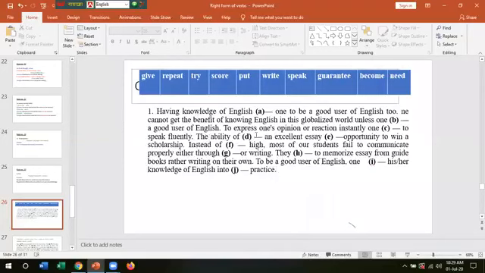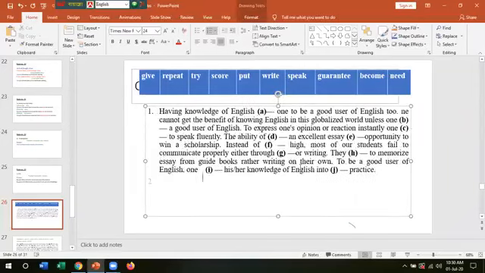Here you see in the given box there are some verbs: give, repeat, try, score, put, write, speak, guarantee, that is giving surety, become, need. All these words, that is verbs, are familiar. So we are going to the passage. Here you see, having knowledge of English, please try to answer.